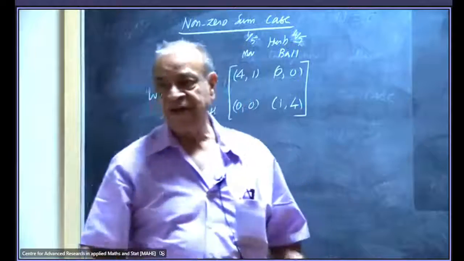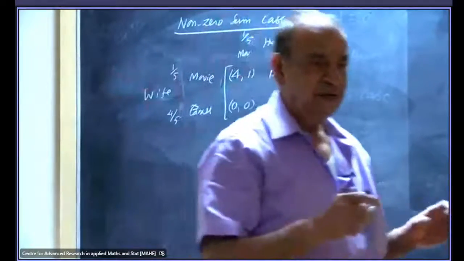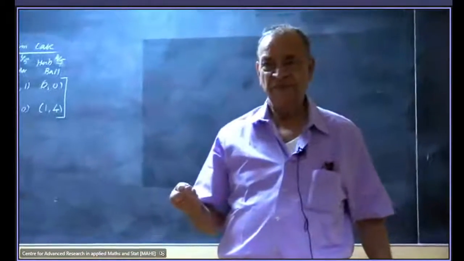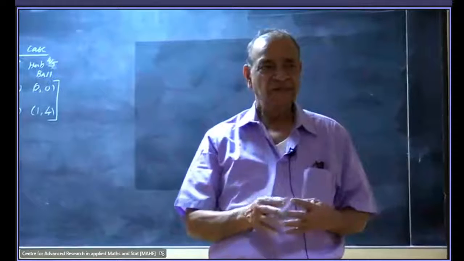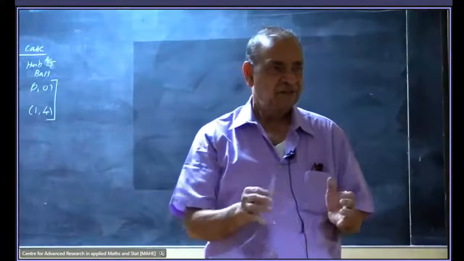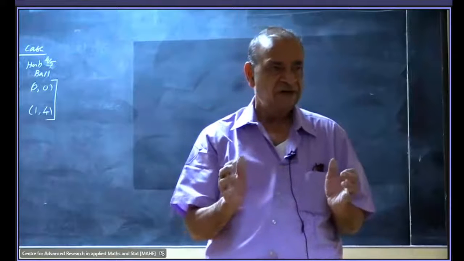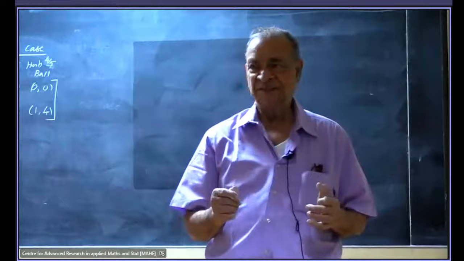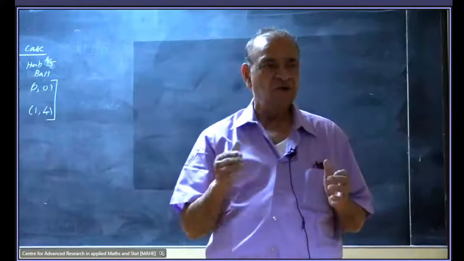Now, how are they playing the game? I have explicitly constructed a mechanism. Each one separately has 5 cards, number 1, 2, 3, 4, 5.